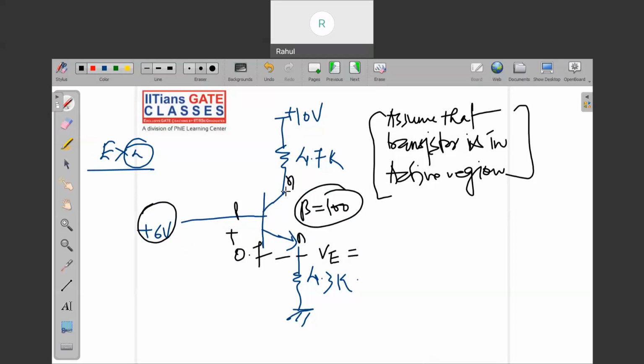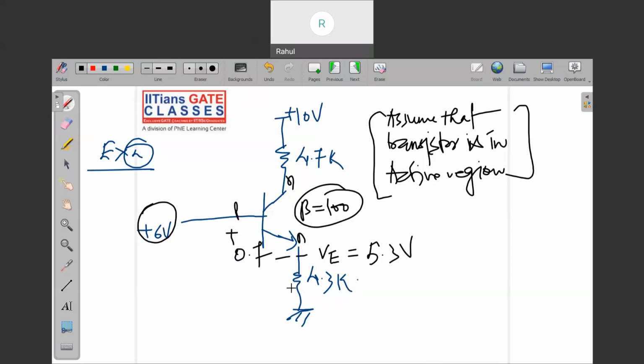Here you need to understand, if we go down from 6 by 0.7, the value will be 5.3 volt.